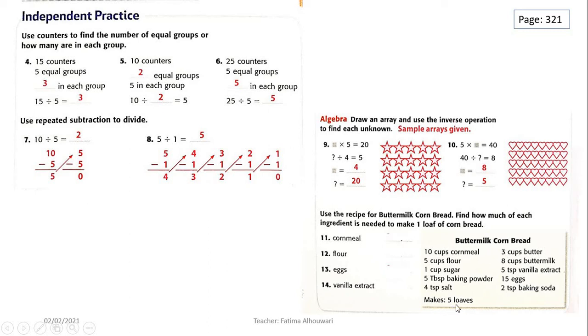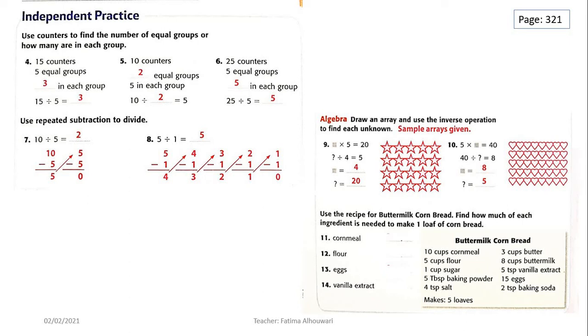To make 5 loaves, we have to use 10 cups cornmeal, 5 cups flour, 1 cup sugar, 5 tablespoons baking powder, and 4 teaspoons salt, 3 cups butter, 8 cups buttermilk, 5 teaspoons vanilla extract, 15 eggs, and 2 teaspoons baking soda. Question number 11, asking for how many cups of cornmeal you have to use to make 1 loaf.